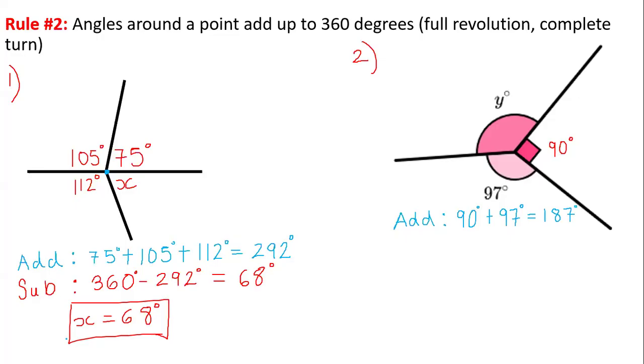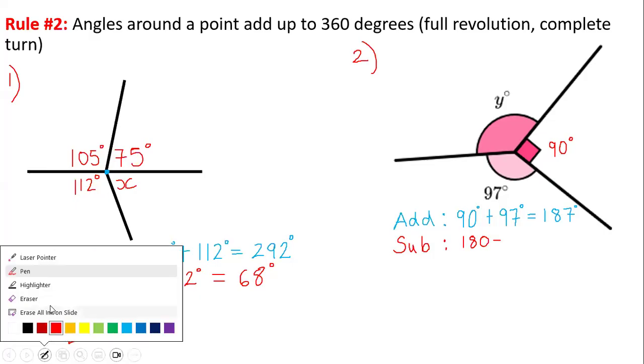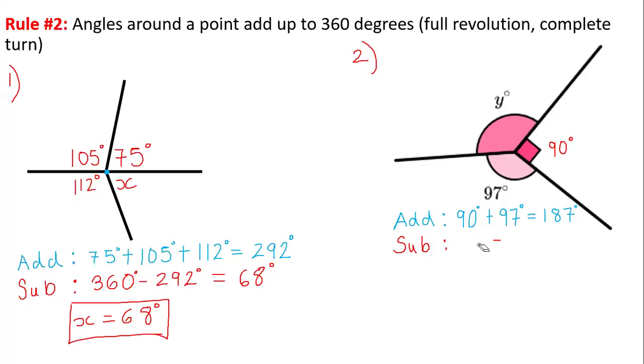But now we have to do what after this? We have to subtract. Would we have to subtract from 180 degrees? It's not 180 degrees. What do we subtract from? 360. Very good. 180 is the old rule.